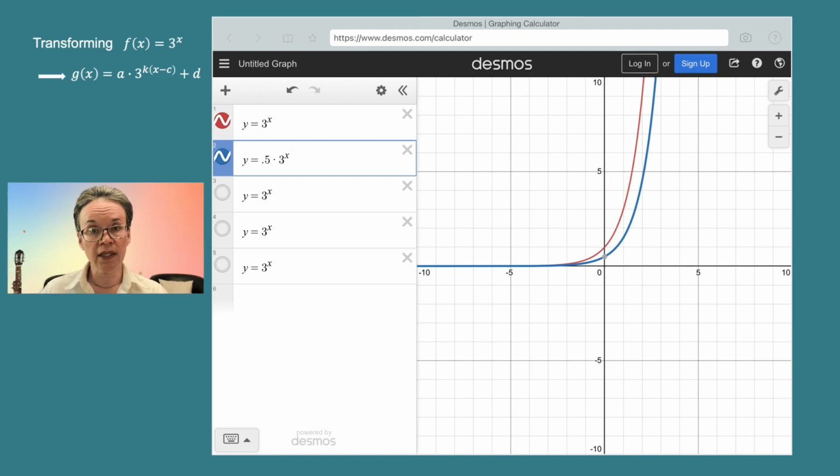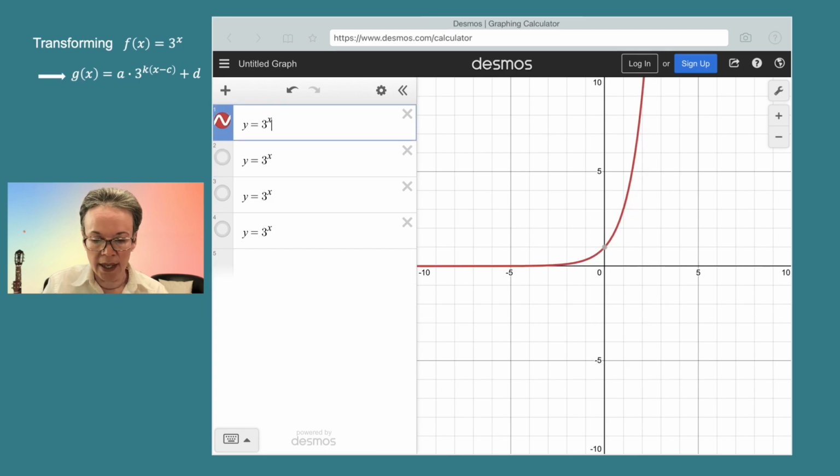This is now signaling a vertical compression. It was brought down, boom, vertically down. So now it's below the base function, below the red one. And that means that there is a vertical compression by a factor of 0.5. Again, I'm hoping that this is nothing new to you. Okay, so I will remove this one now.